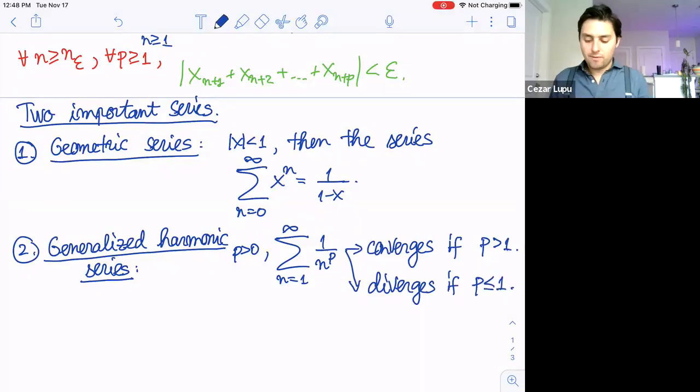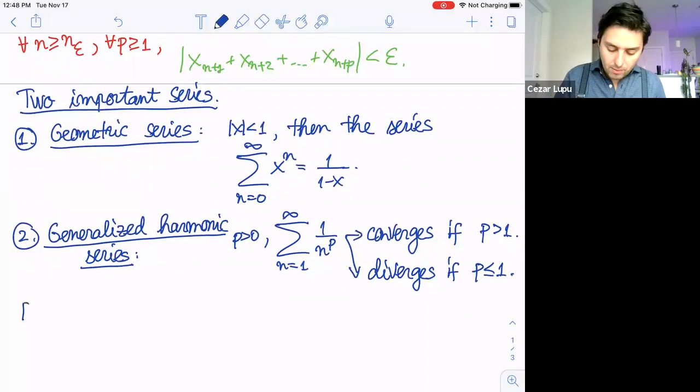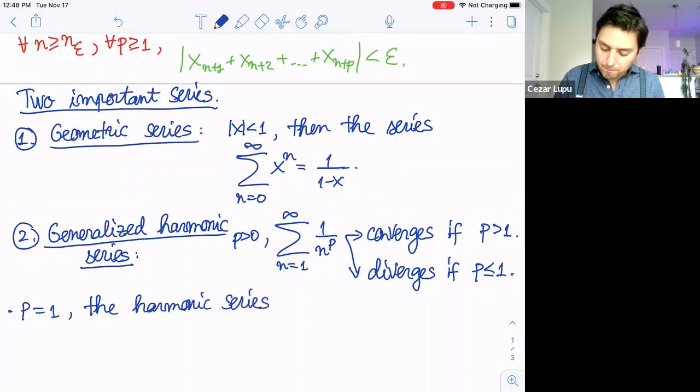Right, in the case when p equals 1, we have the harmonic series. And maybe I'll just show you in this example that the sum of 1 over n diverges.